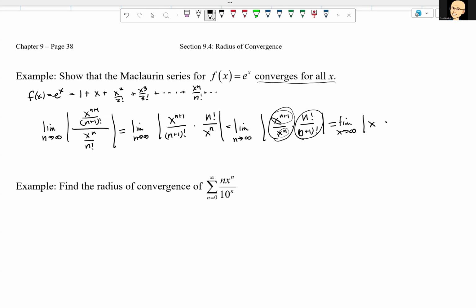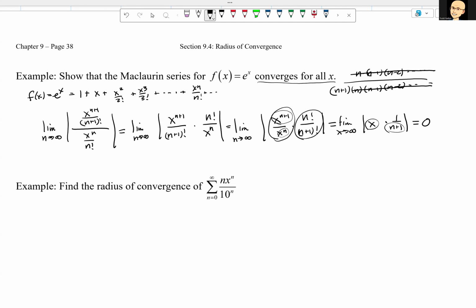When I look at this expression, I get 1 over n plus 1 because the top expression is n times n minus 1 times n minus 2, etc. The bottom expression is n plus 1 times n times n minus 1 times n minus 2, etc. All of these terms cancel with all of these terms, leaving only the n plus 1. Now, for any finite value x, I've got a finite value x divided by an infinite value n plus 1.